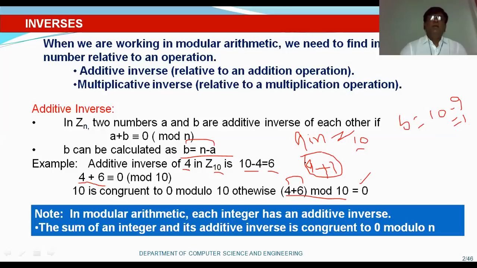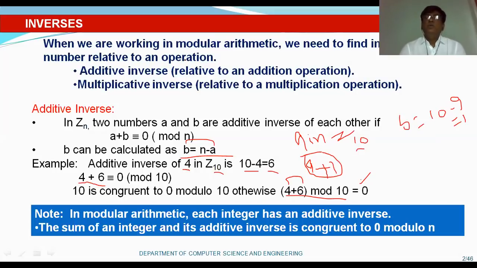One thing to note is that in modular arithmetic, generally every integer has an additive inverse. For example, in Z10, from 0 to 9, every number has its additive inverse.